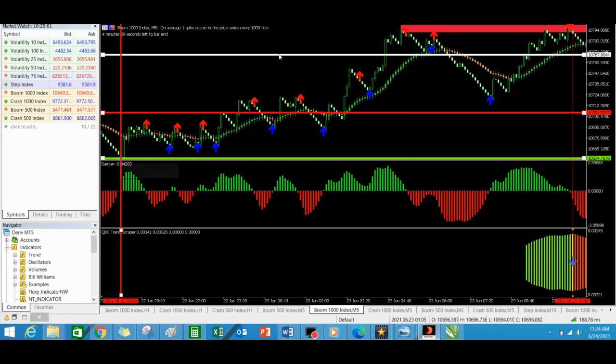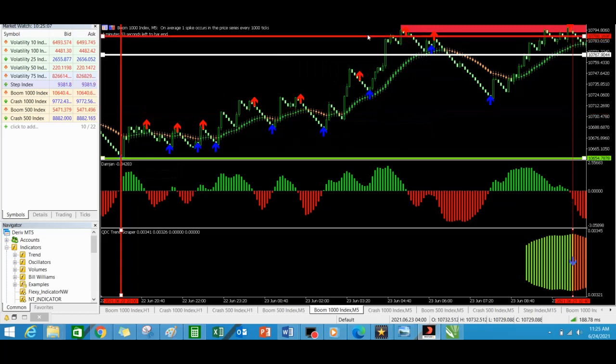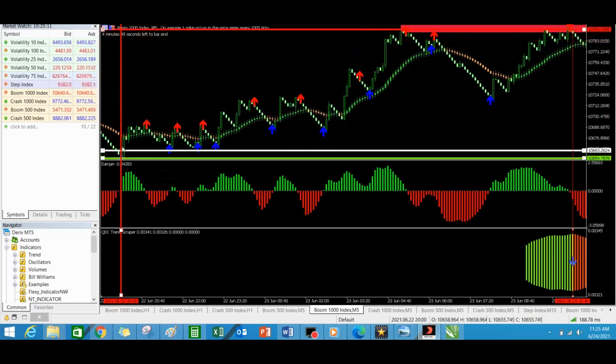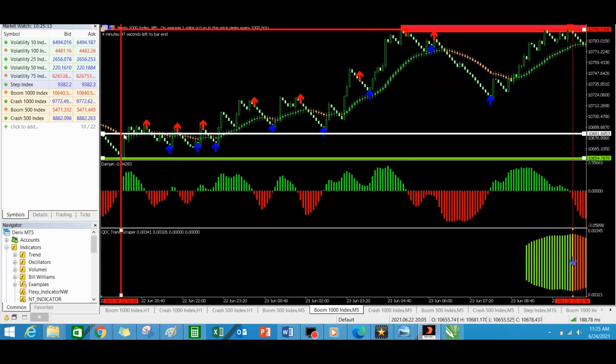The white line will be your current action price. You can see it spiked up to this level. You don't need to close it because so far this place is still green, so the trend is still telling us that the market is on uptrend. So you leave it open.